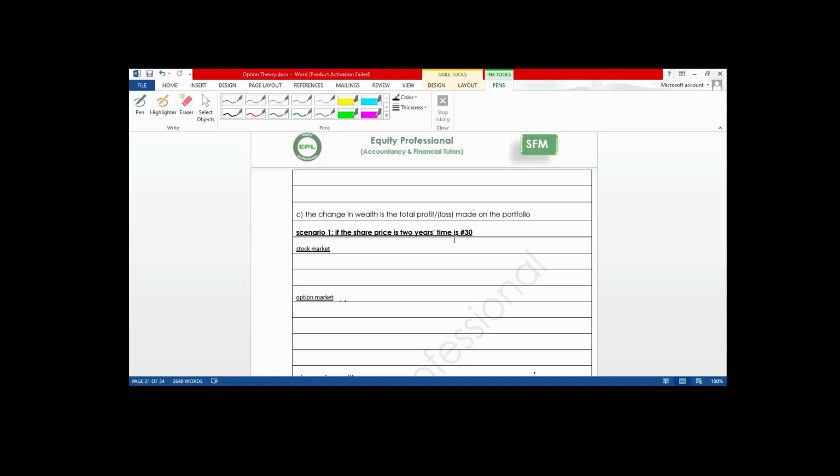So for me, the shares are reduced to 30 naira, so it is a loss. Your investment value has reduced. The investor will suffer a loss.